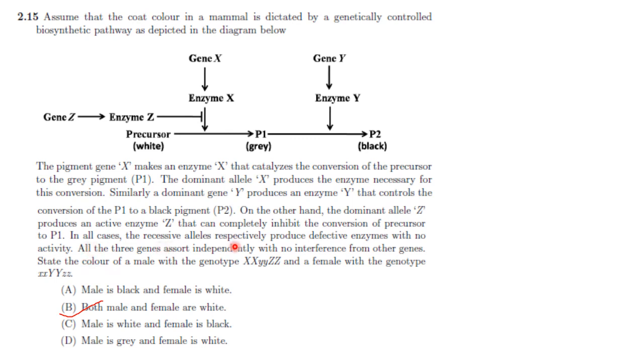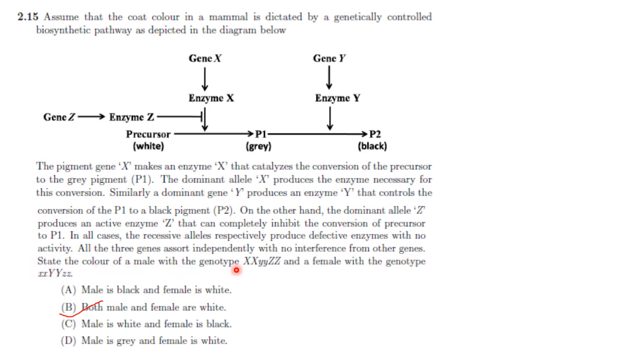In all cases, recessive alleles respectively produce defective enzymes with no activity. So if recessive alleles are present in the genotype, they will produce defective enzymes with no activity. All the three genes assort independently with no interference from other genes.